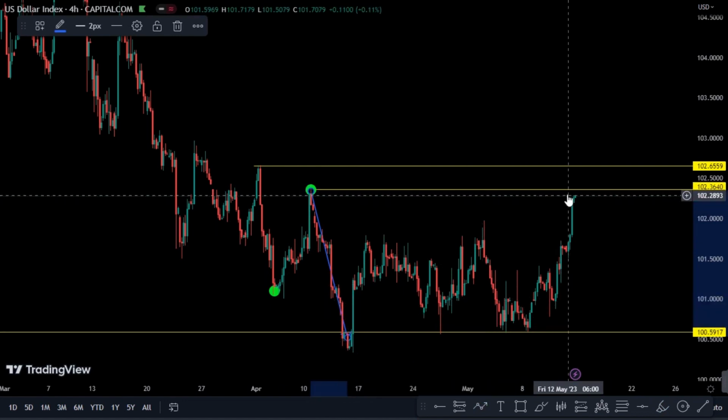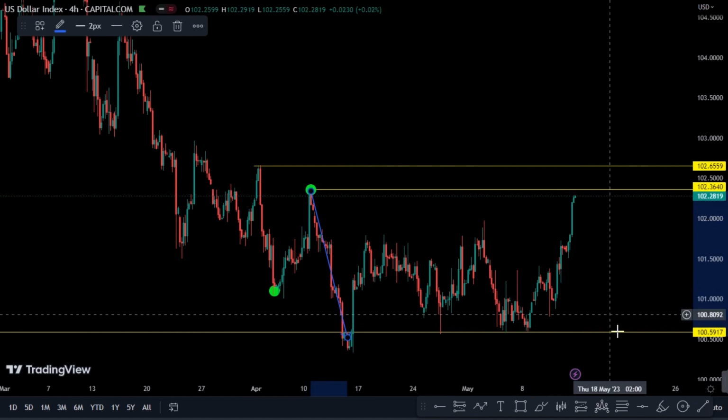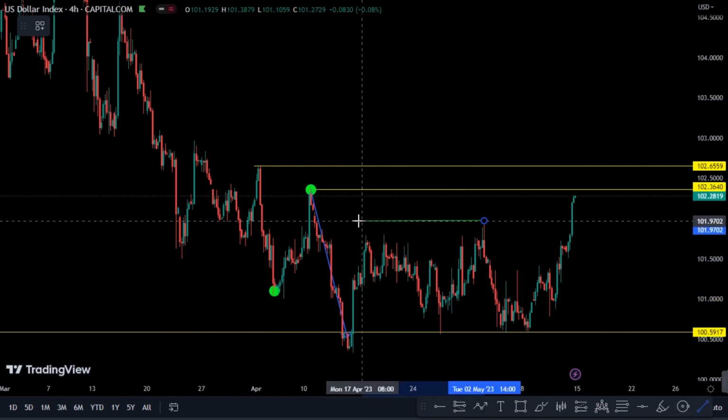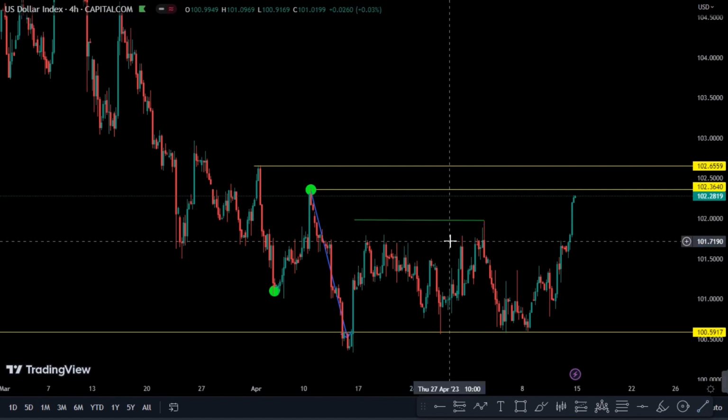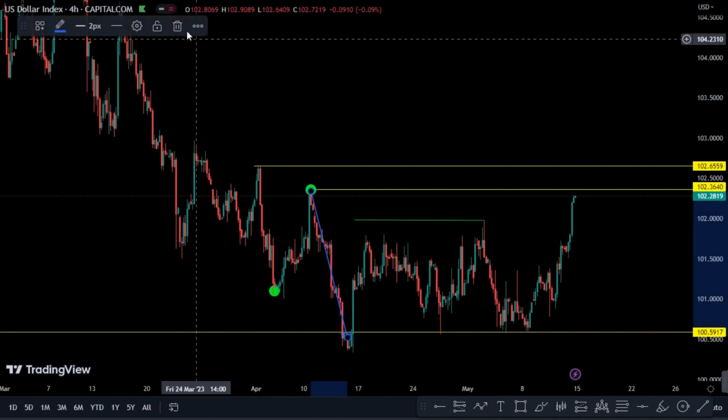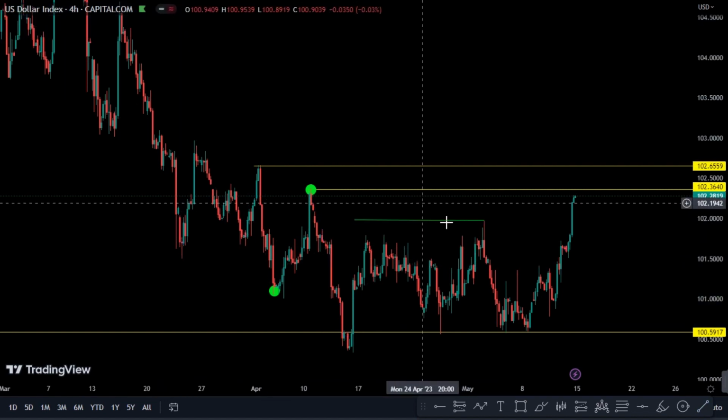This market hasn't been to the structure for a very long time, and it has been consolidating around these areas here.